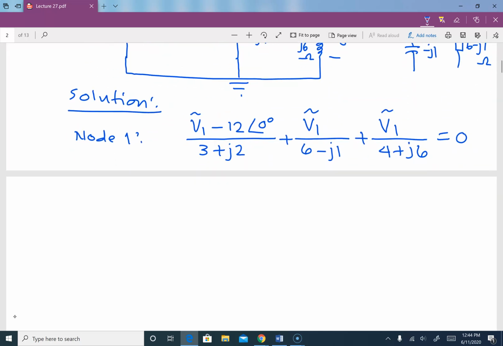Now if you look at this expression, I am sure that you will feel it is so complicated because we do have complex numbers and we also have fractions.